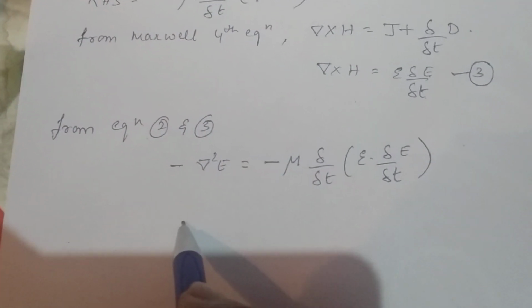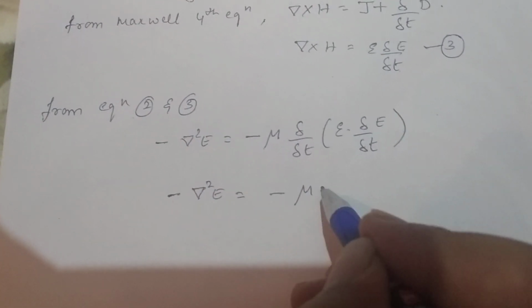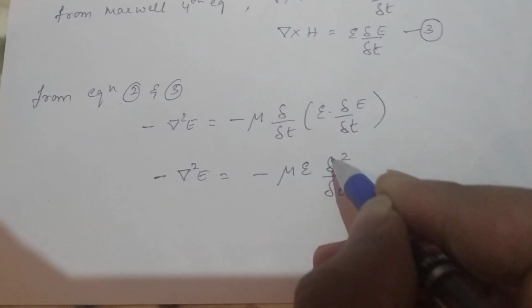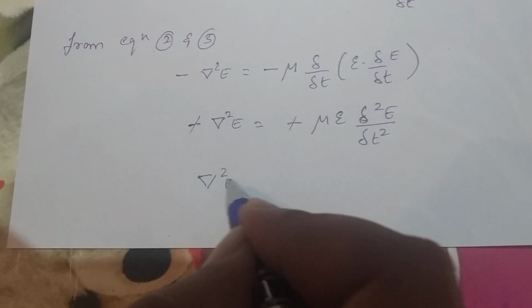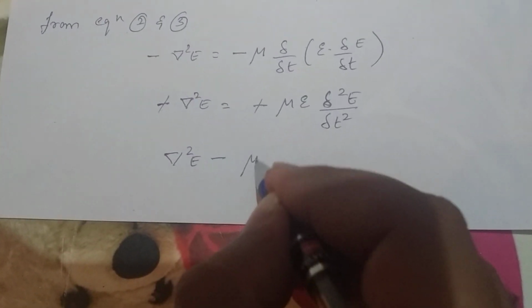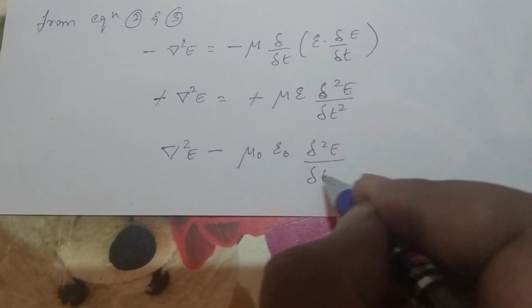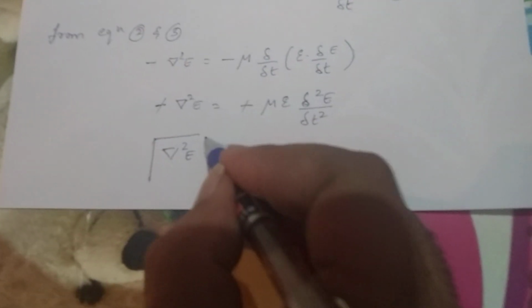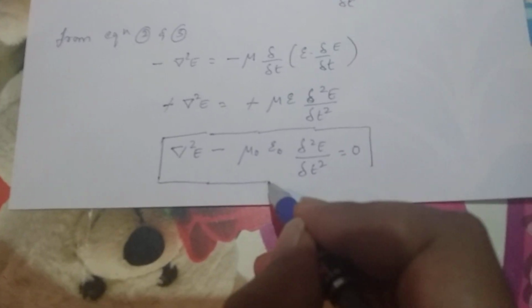So minus del square E is equal to minus mu, epsilon is constant, dou square E divided by dou t square. The minus minus gets cancelled. So del square E minus mu naught epsilon naught dou square E divided by dou t square is equal to 0. This is the wave equation of the electric field in free space. Please make a note of it.